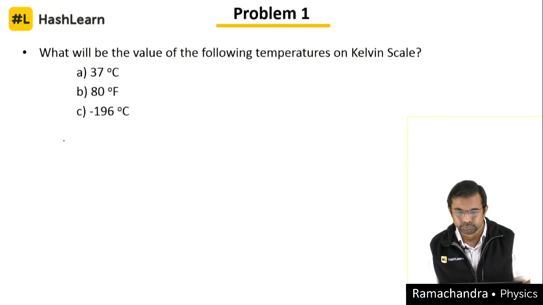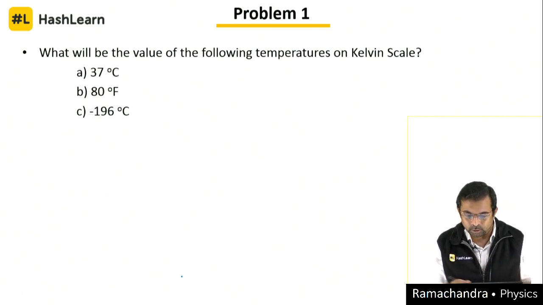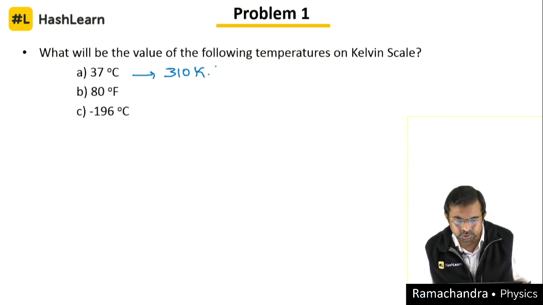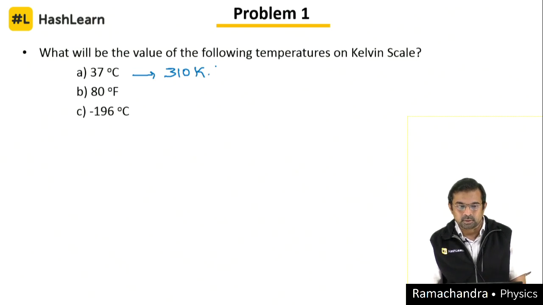Shailendra Kumar, Jyotsna, 37 degrees Celsius is 310 Kelvin. Perfect. This is Shailendra, right? Akashdeep, you are correct. Vinayak, correct.